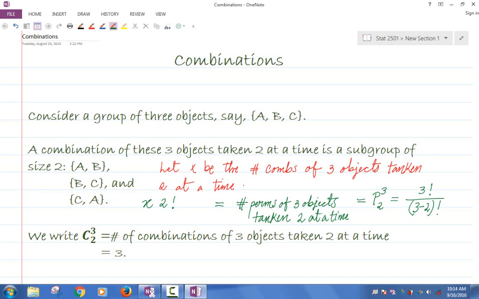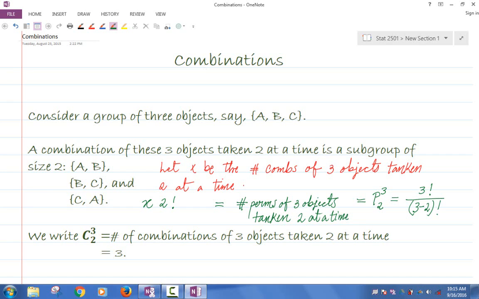So all I'm saying is pick a subgroup of size 2 and look at how many permutations you have of the 2 elements. Pick another subgroup of size 2, and look at how many permutations you have. And keep doing that. That's the number X times 2 factorial, and that's the same as the number of permutations of 3 taken 2 at a time. Is that making sense?